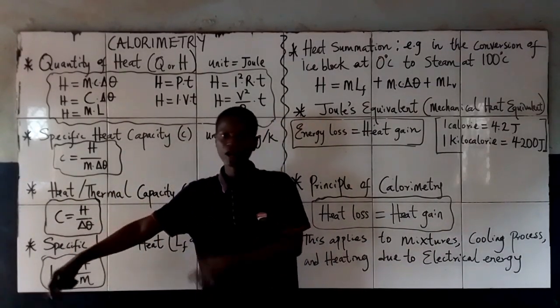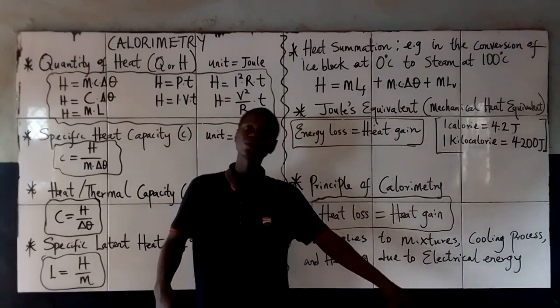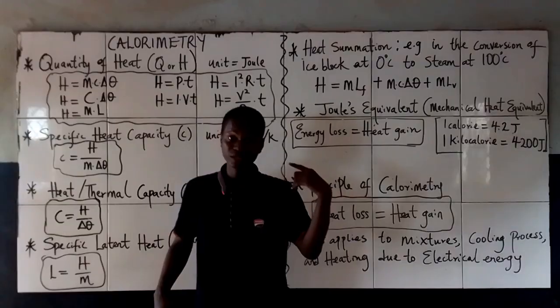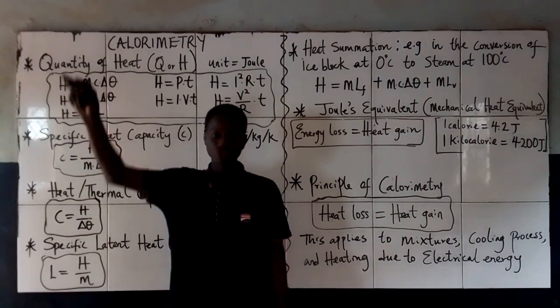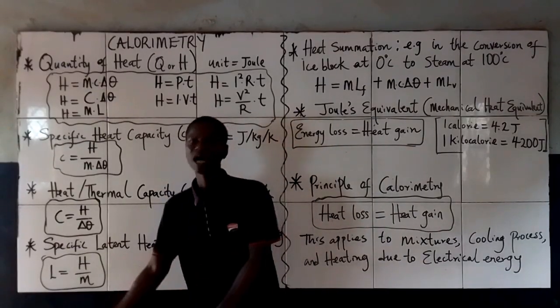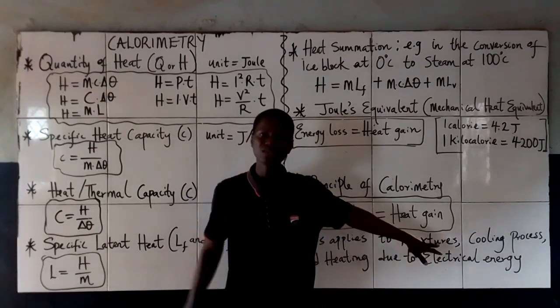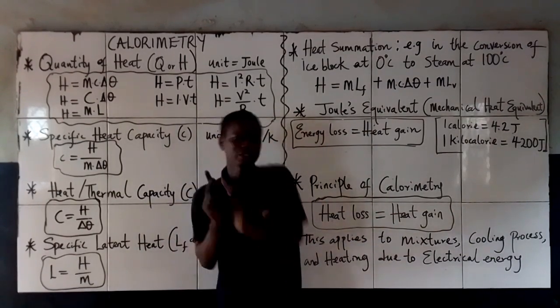By the time you bring it to mix with the other water you got from outside, the hot water is at 80 degrees Celsius, but the cold water in the bucket is at 10 degrees Celsius. Now by the time you mix it up, you are actually applying the principle of calorimetry.